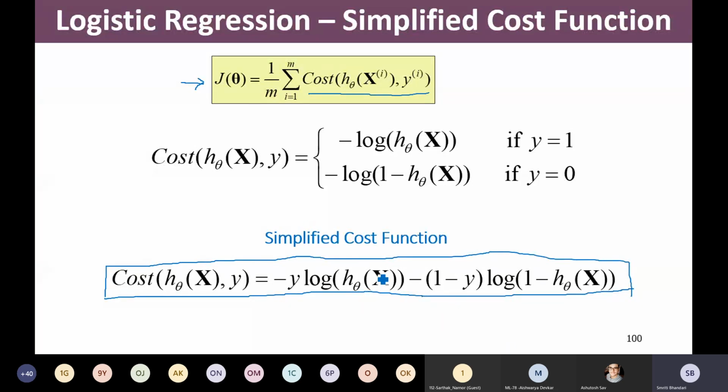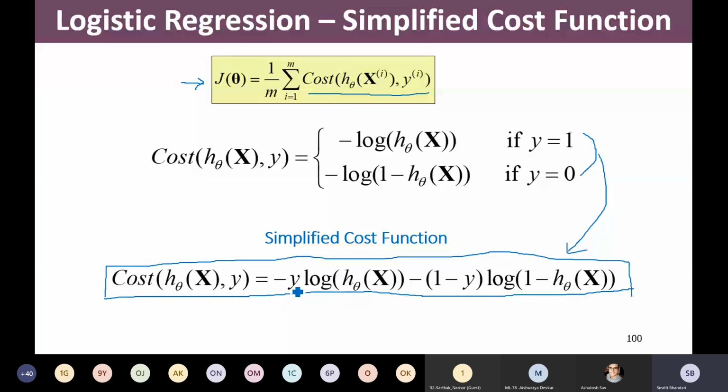So let me tell you how this is equivalent to the earlier one, and how these two cases can be combined in this one cost function.